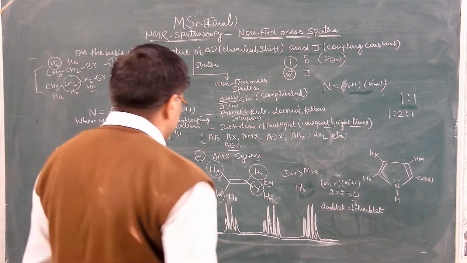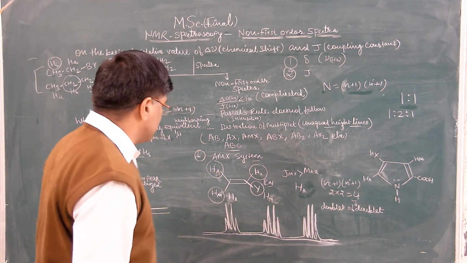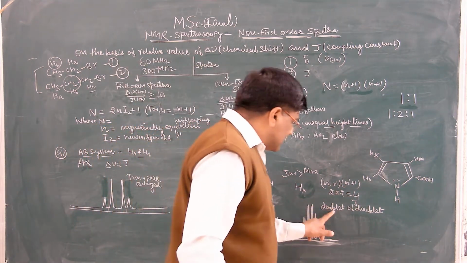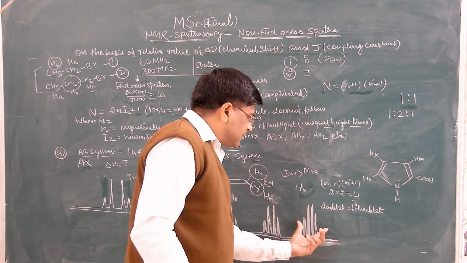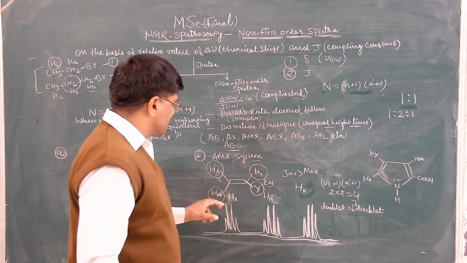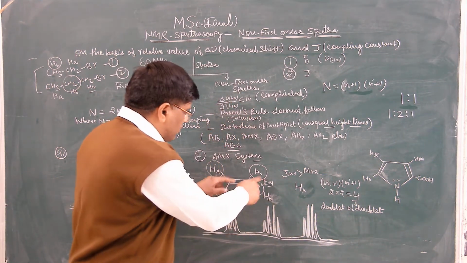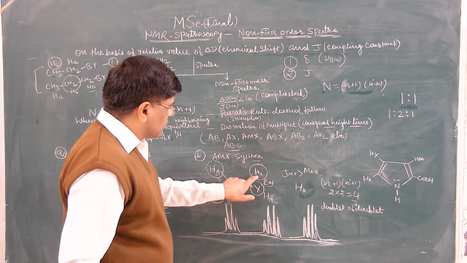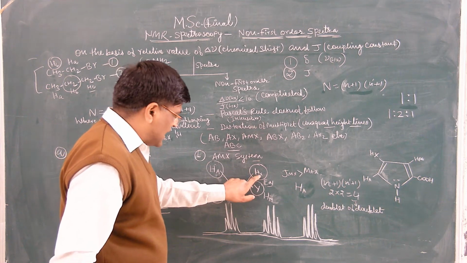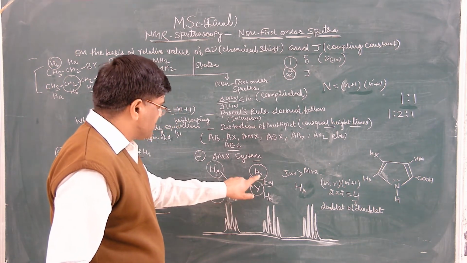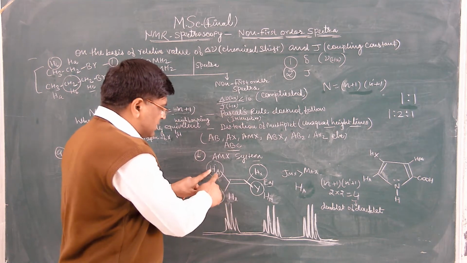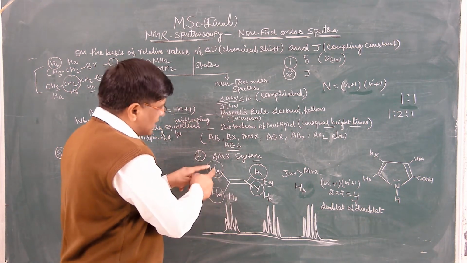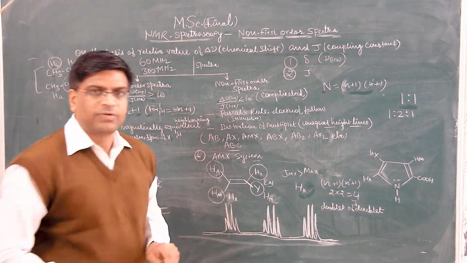But due to mutual coupling, we get three quartets, or doublets of doublets. This is a doublet of doublets because, if we concentrate on this proton, it is in close proximity with HA type protons and HX type protons, and these two types of protons are not equivalent.